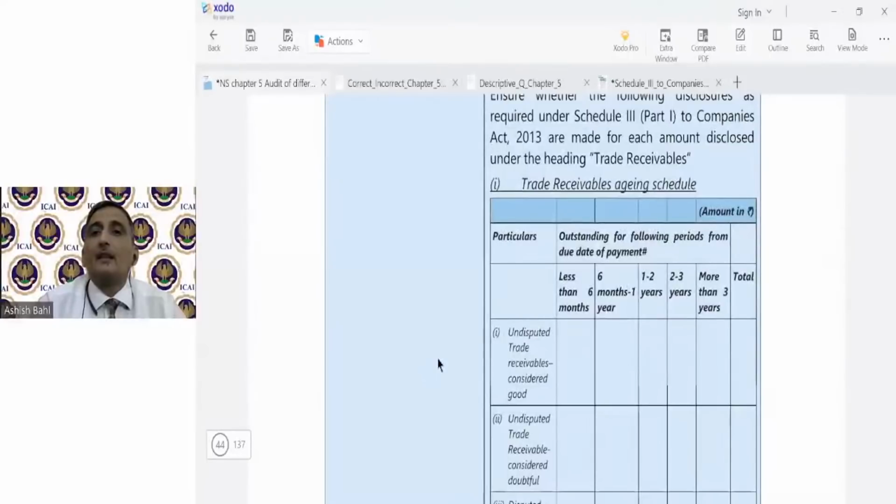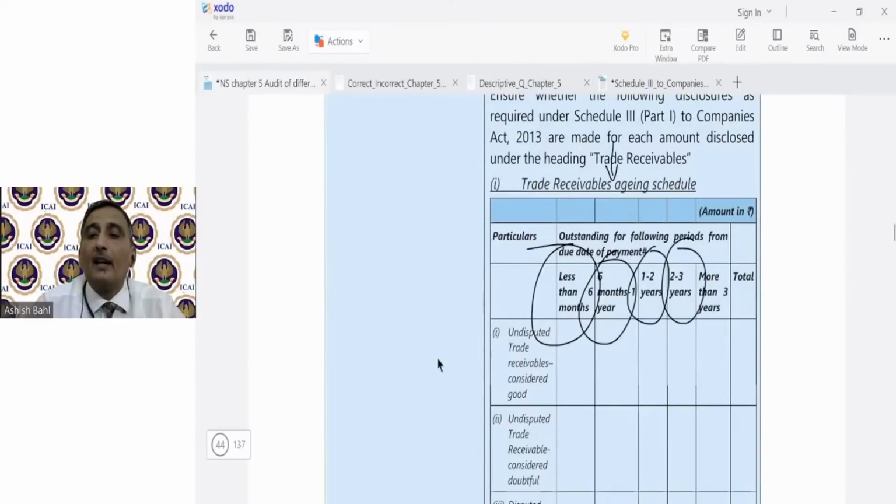Yes. So if you see the aging schedule of trade receivables which we had done previously, here it was less than 6 months. The aging was to be done less than 6 months, 6 to 1, 1 to 2, and 2 to 3. Now what is here?